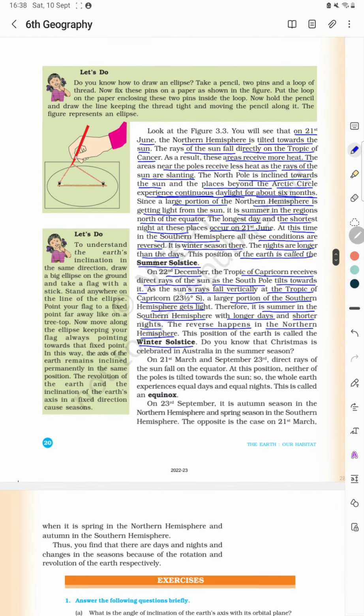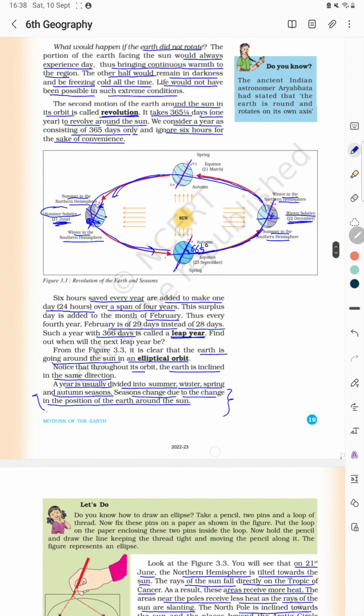On 21st March and 23rd September, direct rays of the sun fall on the equator. We are talking about this position and this position.